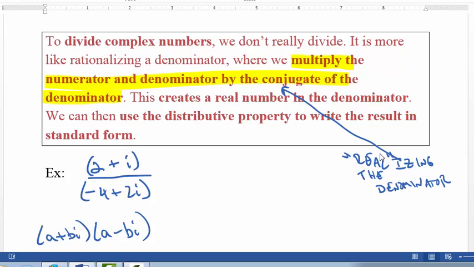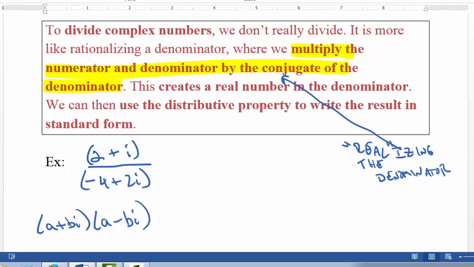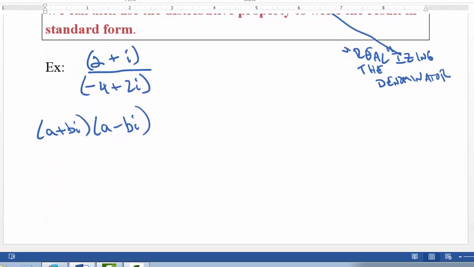Because once you turn the denominator into a single real number, then you can just use your distributive property to divide both terms of the numerator by that denominator, right? So I like to call it realizing.